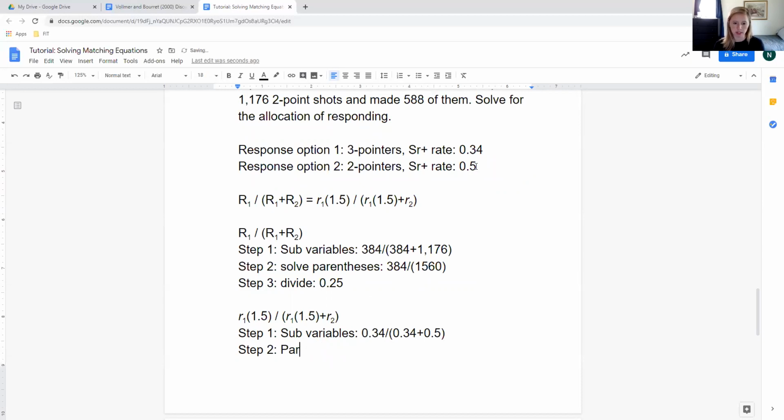We need to complete our parentheses. So we've got 0.34 plus 0.5. Again, probably could have done that in my head. 0.34 divided by 0.84.